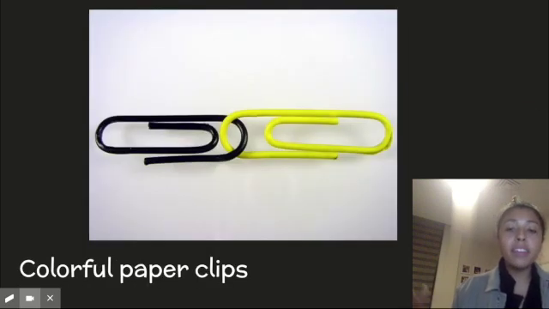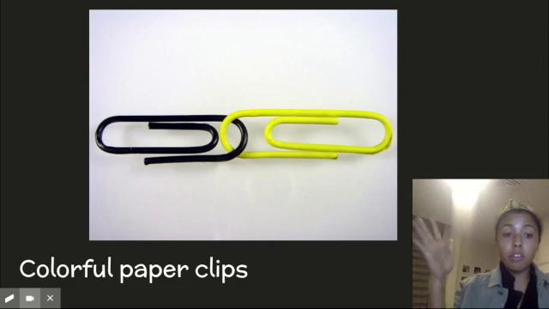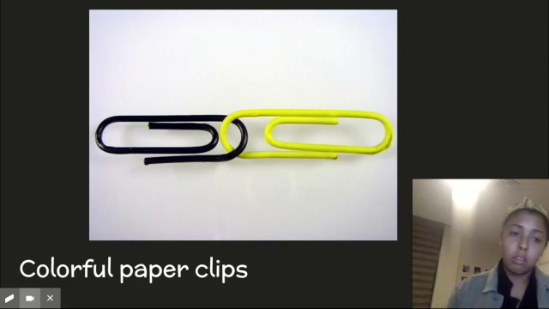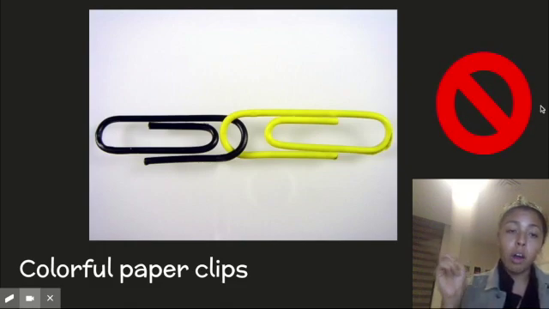What about these colorful paper clips? Do we think that they can reflect light? Do we think that they are shiny? Silent excitement if you think so. Thumbs down if you don't think it can reflect light. No way, Jose.